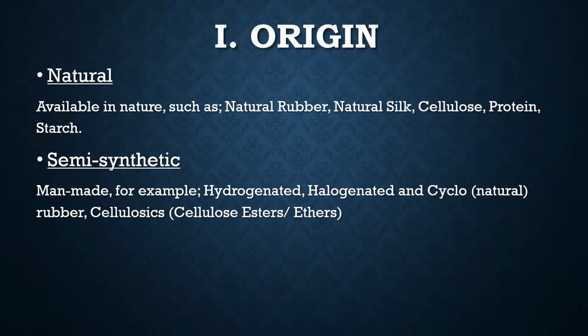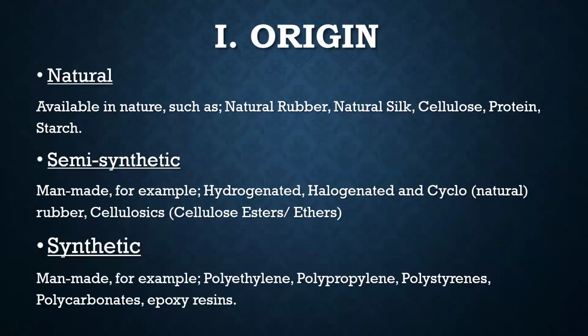So it depends to some extent on a natural part, and we add something which is synthetic to improve the quality of that natural polymer. Synthetic is man-made, like the polyethylene, the polypropylene, the polystyrene, the polycarbonate, the epoxy resin.